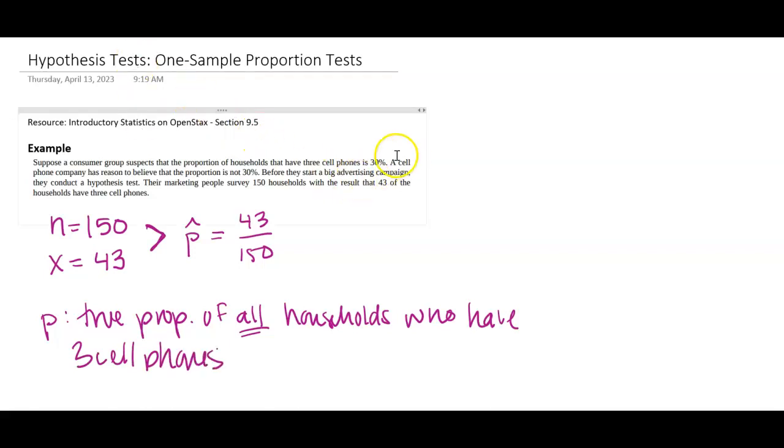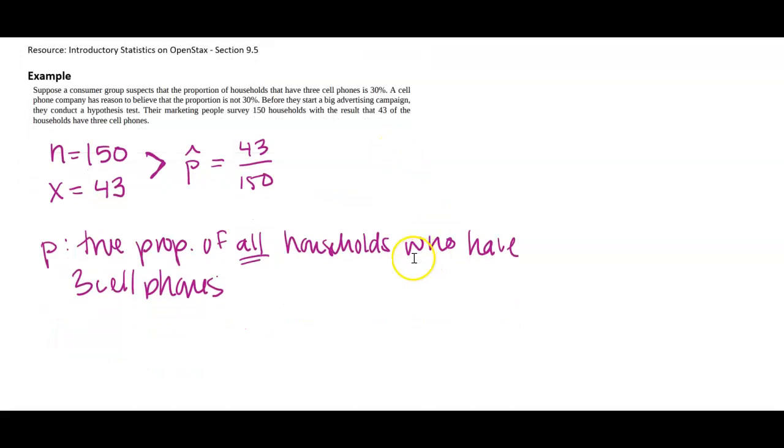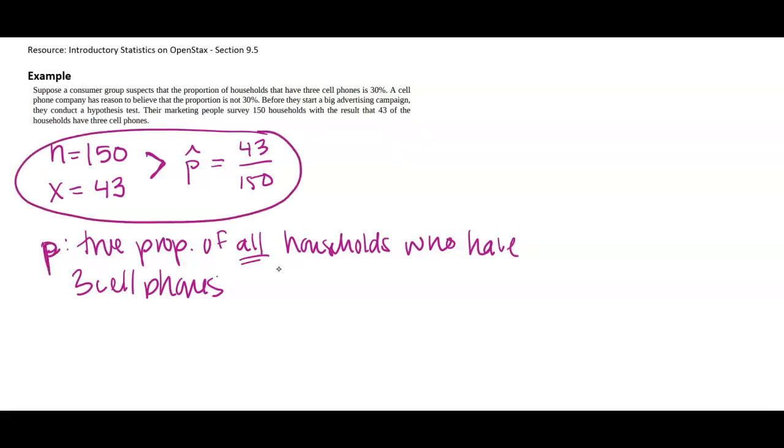They think that proportion is 30%, but it's still only one proportion. I'm comparing this proportion to what I think is going on. It's kind of like the swimming goggles situation where I have a standard I think is happening, I go collect some data, and I compare that to a population proportion that I think is actually happening here.